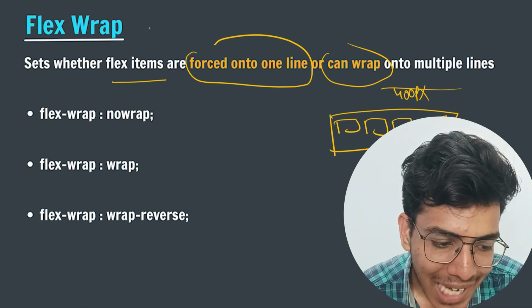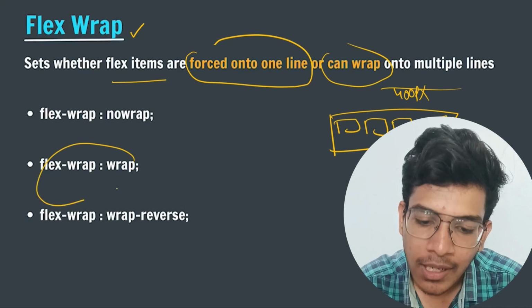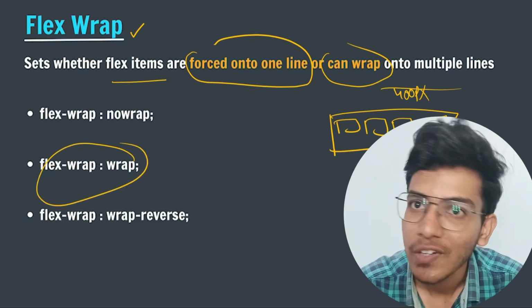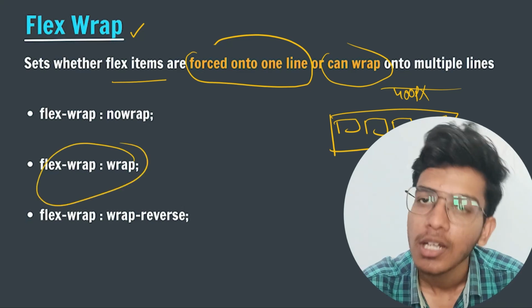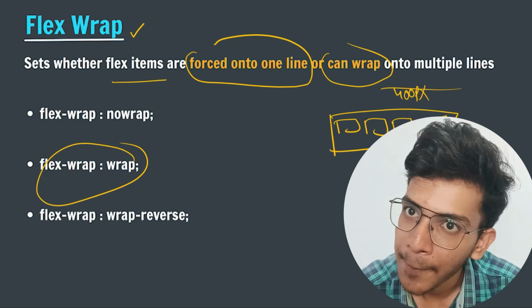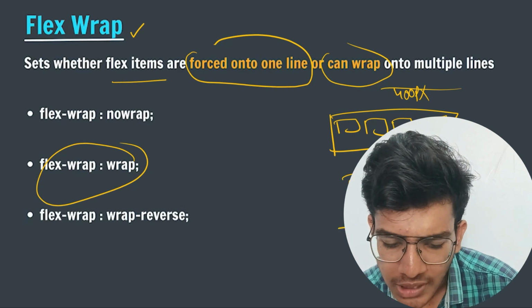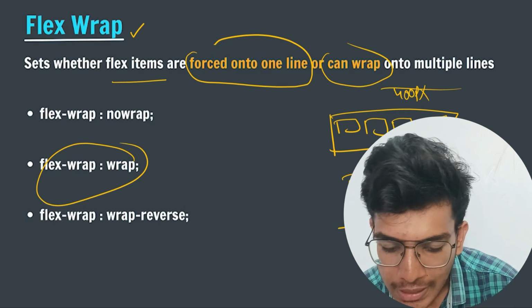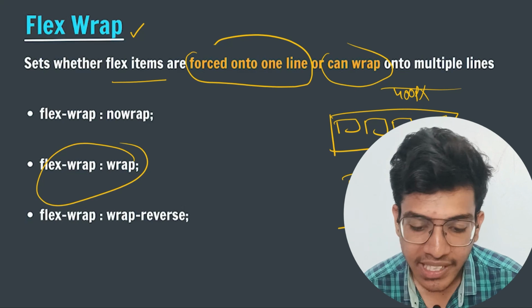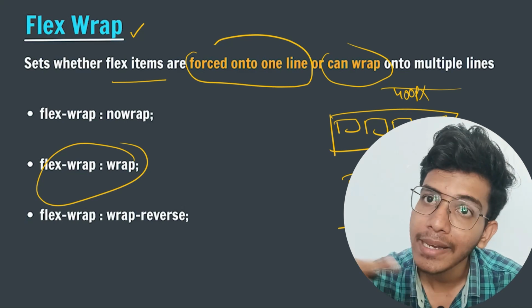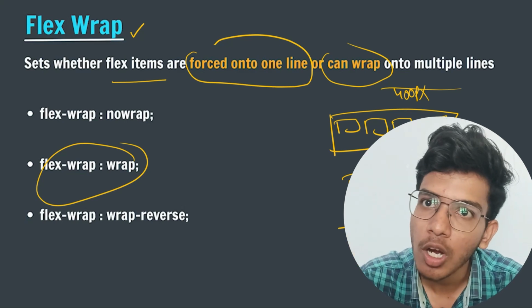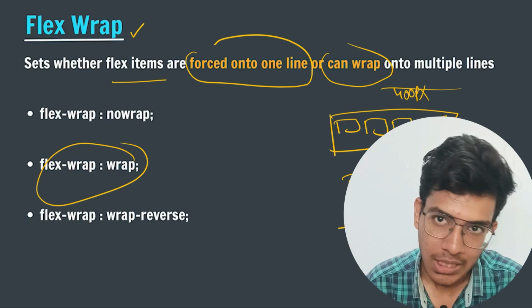When I give flex wrap as wrap, the next element will not exceed the parent container. It will come on the next line. So when I give 400 pixels, the element will be 400, and if there is no space, the next element will come on the next line. This is the work of flex wrap.